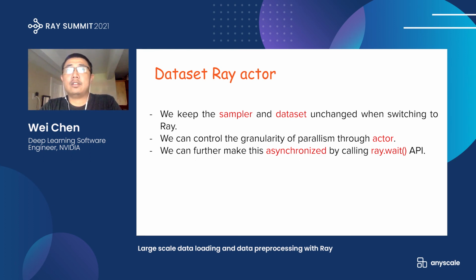It's not like the multiprocessing mode, where the main process and the worker process share everything. In actor mode it's not sharing everything, and that makes this quite safe for us. So we don't have any training hung or stuck issues, and that's the most important reason we wanted to switch to Ray.